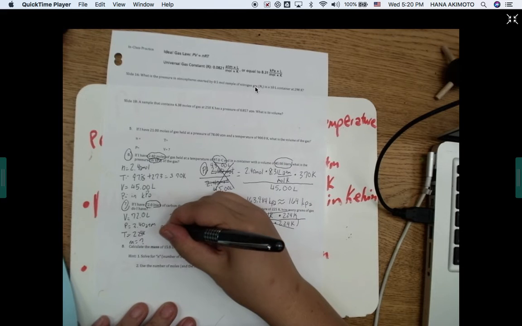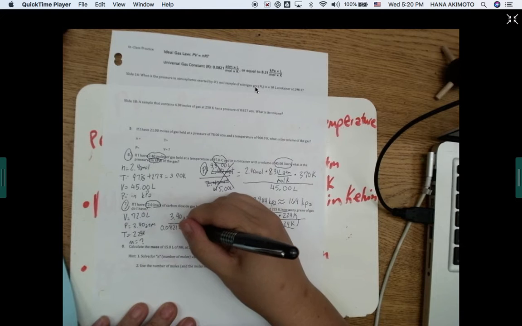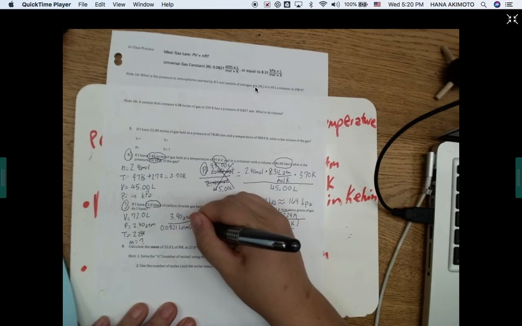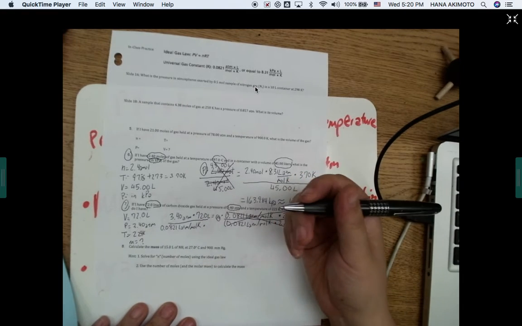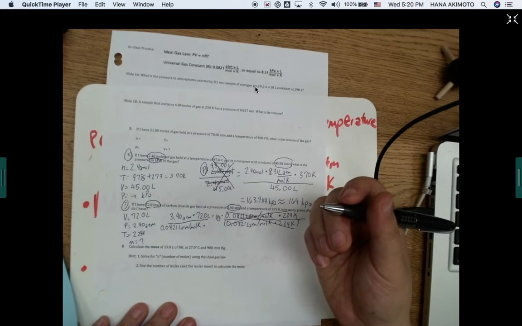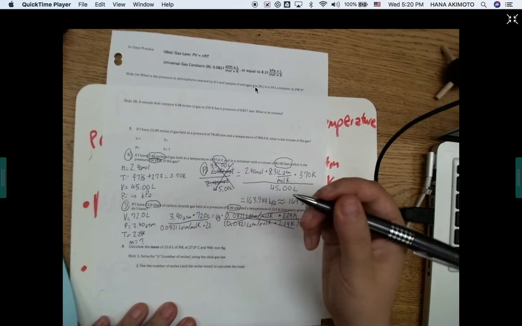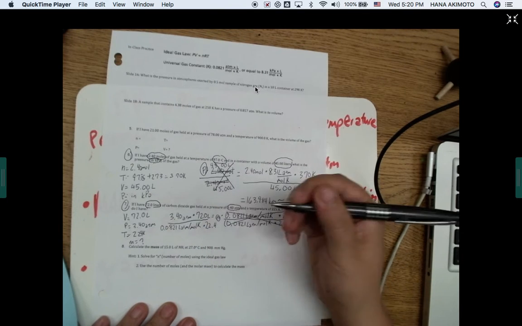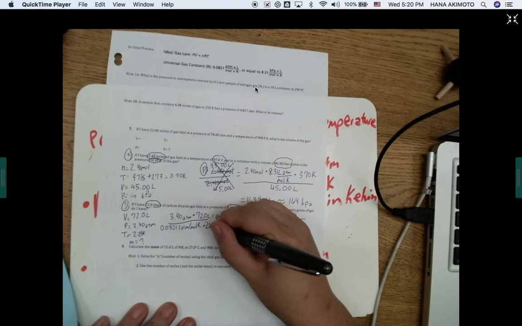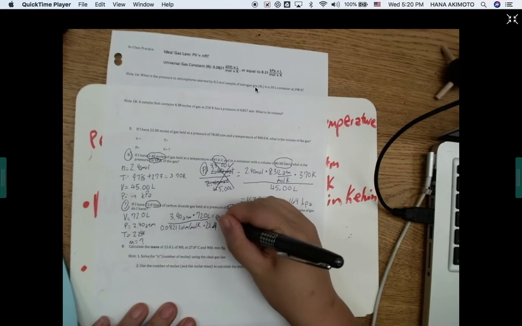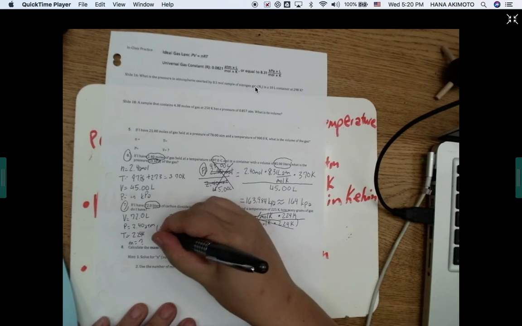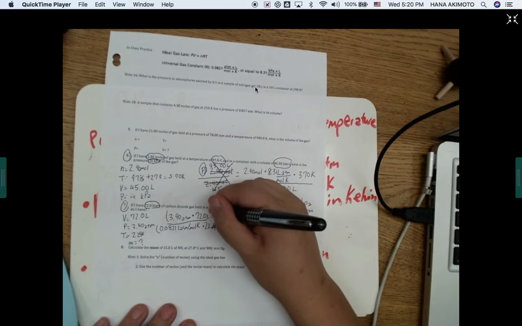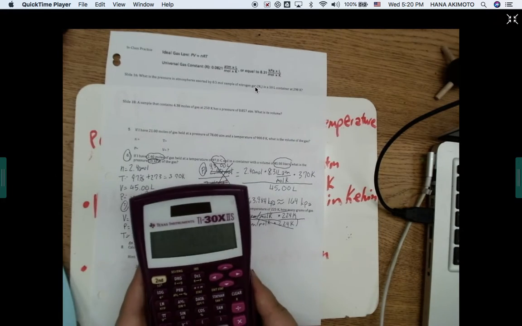I'm going to go ahead and write it here. It's not 22.4. It's 224. Okay. So then I'm going to put these in parentheses, make sure my orders of operations are good.